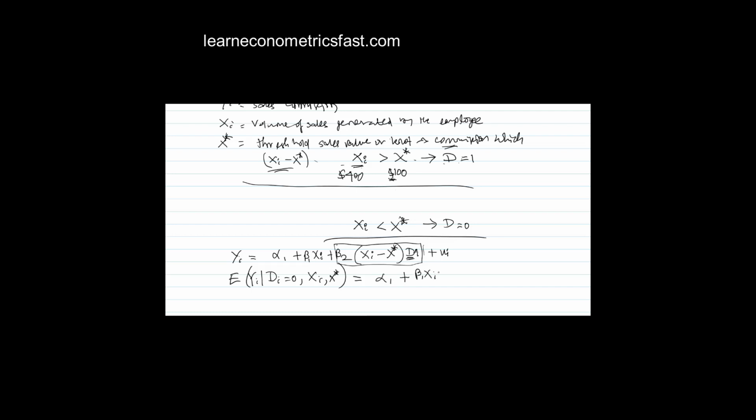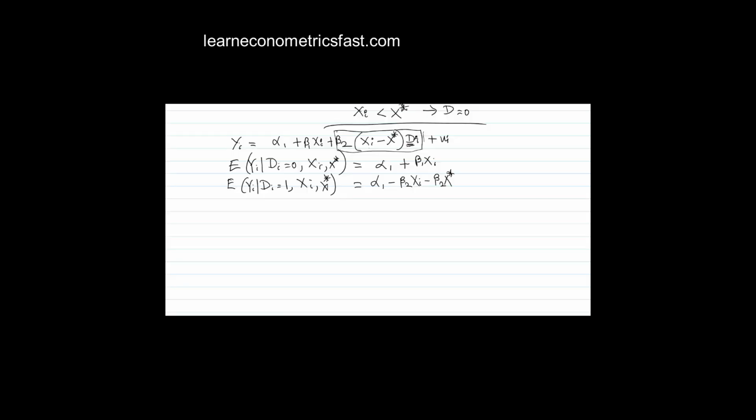In that case, the expected value of yi, or the expected value of sales when di equals 1, given xi and x star, will become alpha 1 plus beta 2 xi minus beta 2 x star, and we also have to include beta 1 xi.